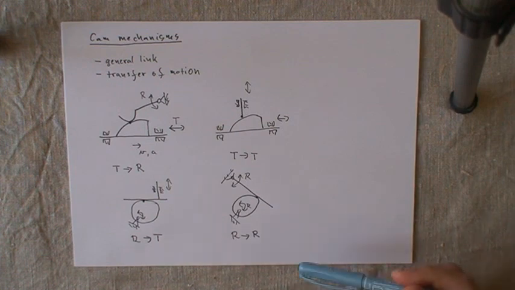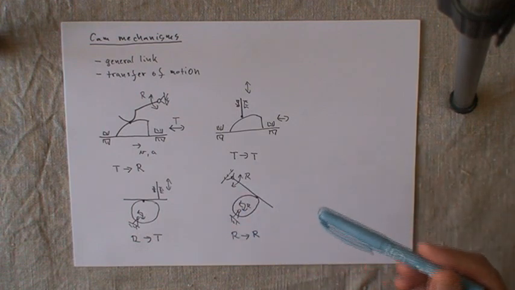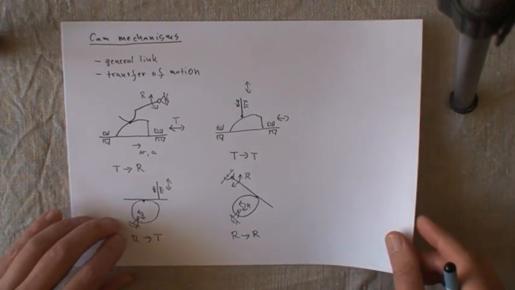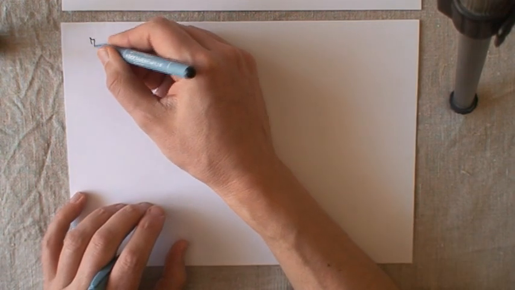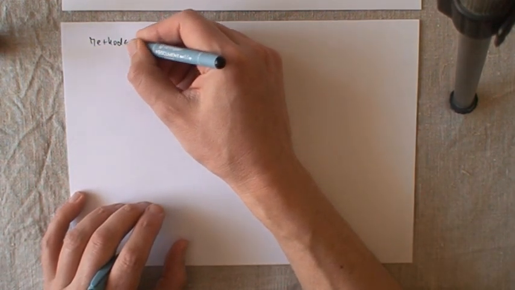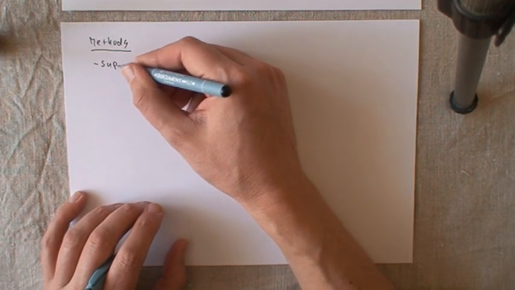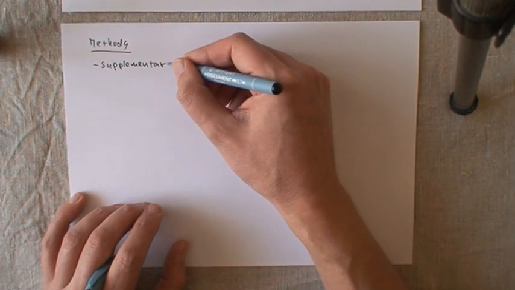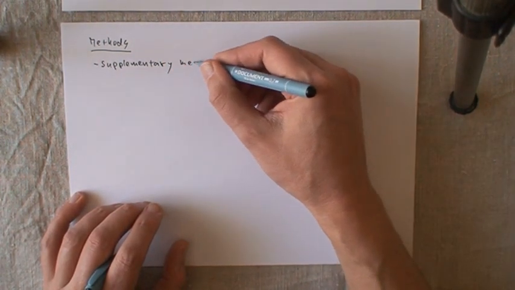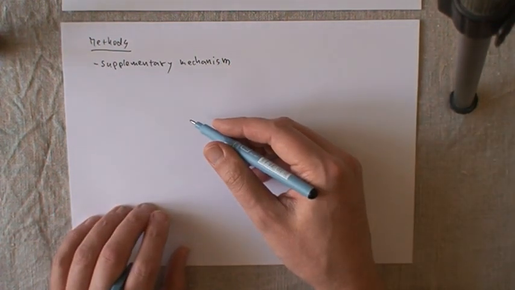Now, how do we solve mechanisms that contain the general link? How do we solve the cam mechanisms? There are several methods. Well, the most popular one among the students is the method of supplementary mechanism. So how does it work?